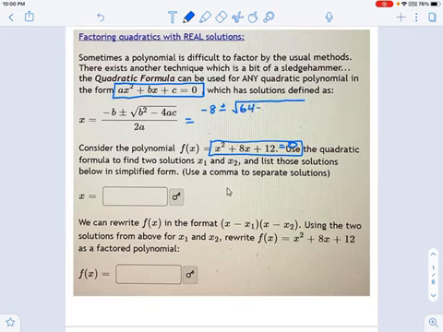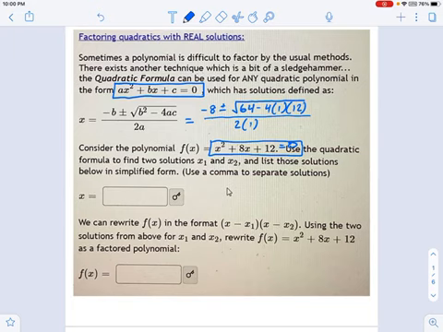And minus, let's take this one in steps. 4 times, well, A is 1, and C is 12. Okay, and now we have this whole thing divided by 2 times A, and A is 1. All right, so this is our solution. And it's not very pretty looking, but we can make that a little nicer, I think.